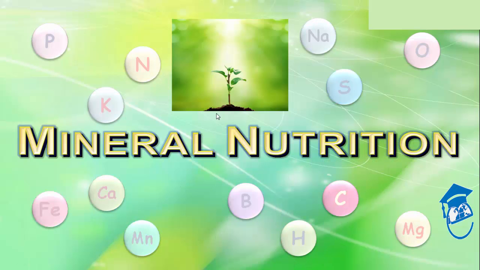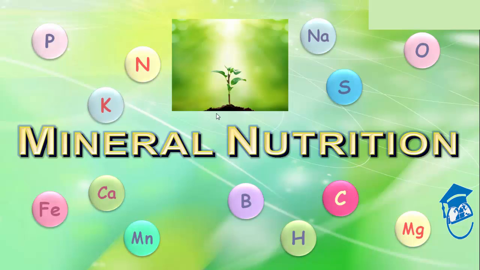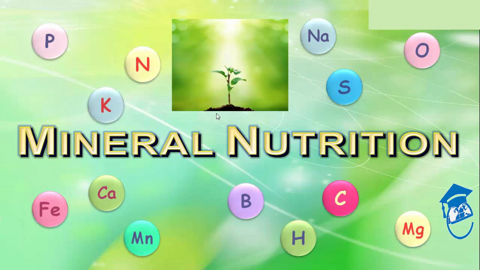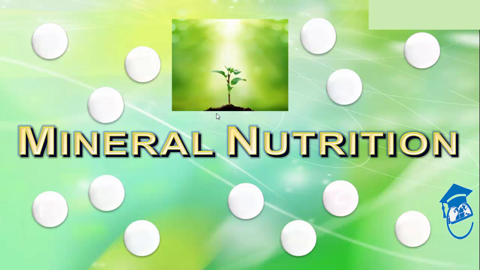As we know, the basic needs of all living organisms are essentially the same. They require macromolecules such as carbohydrate, protein, fat, mineral and water for their growth and development.